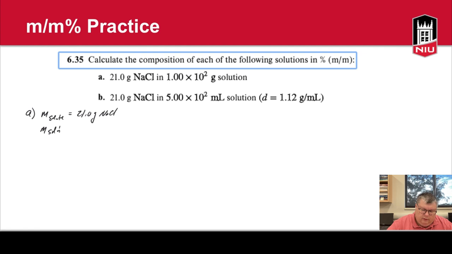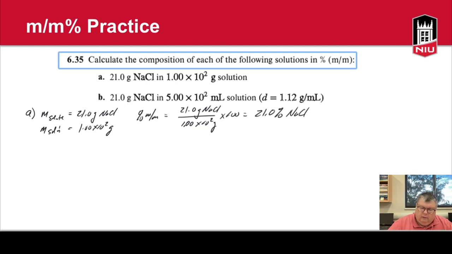Mass of the solution is equal to 1.00 times 10 to the second grams. Percent mass to mass is equal to 21.0 grams of NaCl over 1.00 times 10 to the second grams times 100, or 21.0% NaCl.